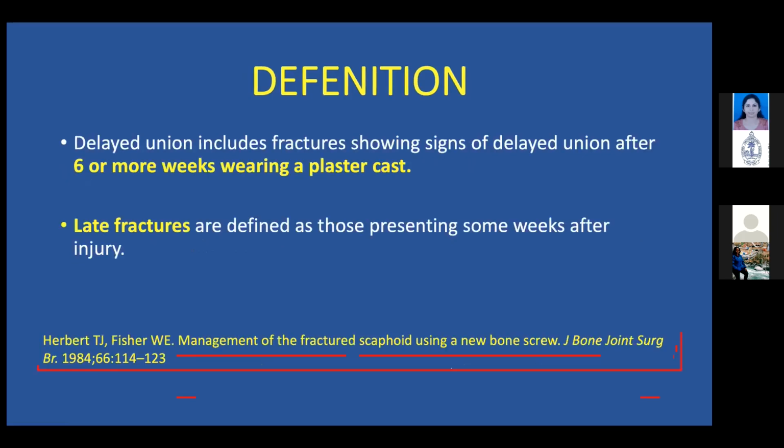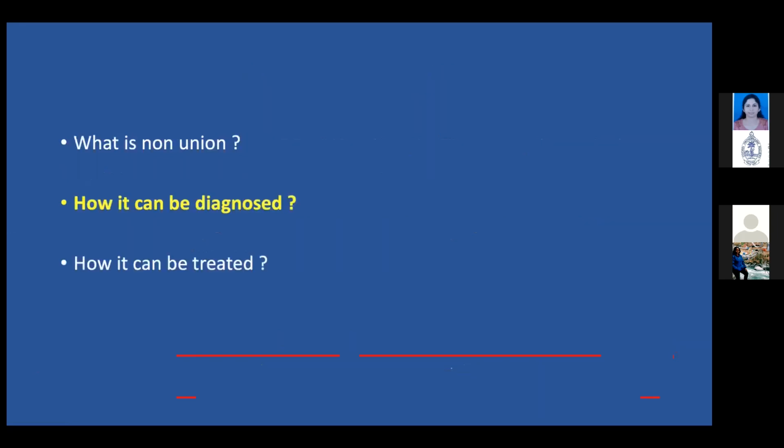Delayed union includes fractures showing signs of delayed union 6 or more weeks after wearing a plaster cast. Late fractures are defined as those presenting some weeks after injury. Herbert has not mentioned what some weeks means, whether 3 weeks or 2 weeks. So again, there is confusion in that.